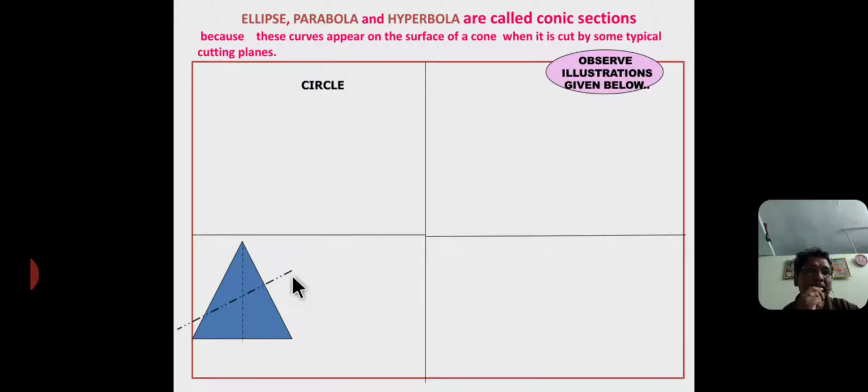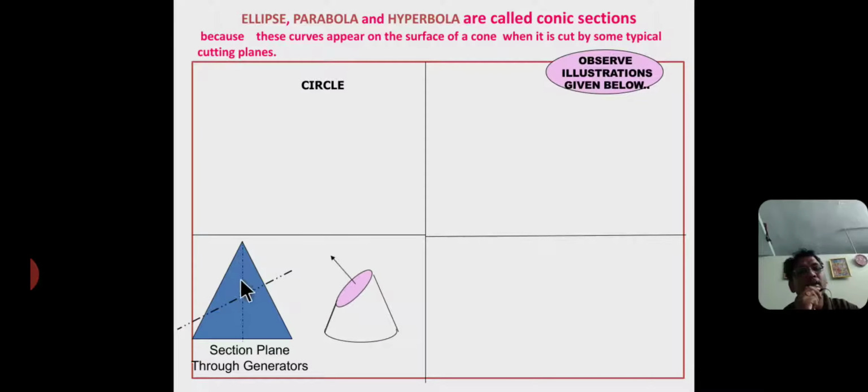Now I consider the cutting plane, that is a sectional plane. This is a sectional plane. If the cutting plane cuts all the generators and it doesn't cut the base of the cone, then the section is called ellipse. So this cutting portion is called ellipse. The ellipse will be obtained when the cutting plane cuts all the generators of the cone.